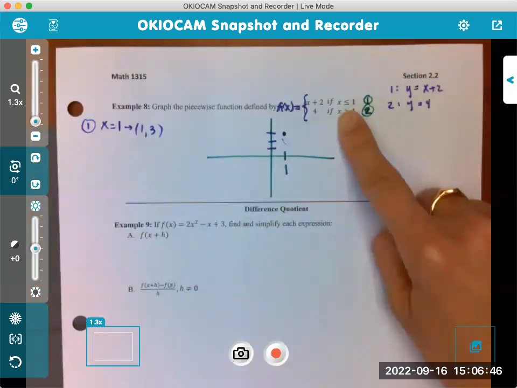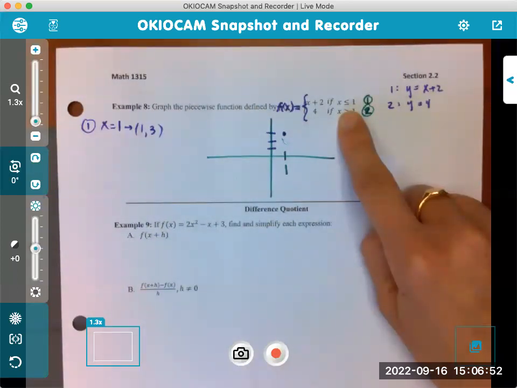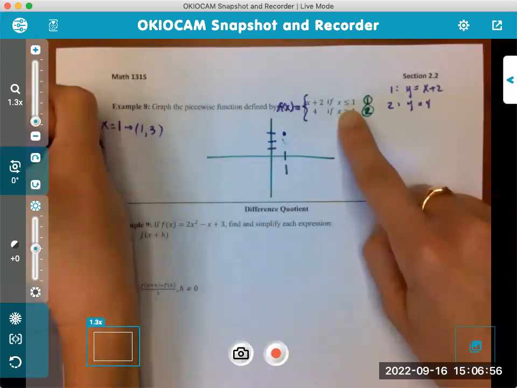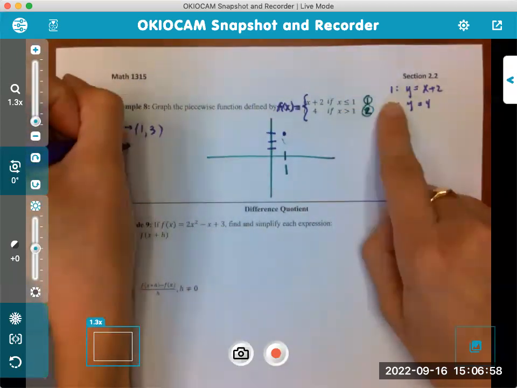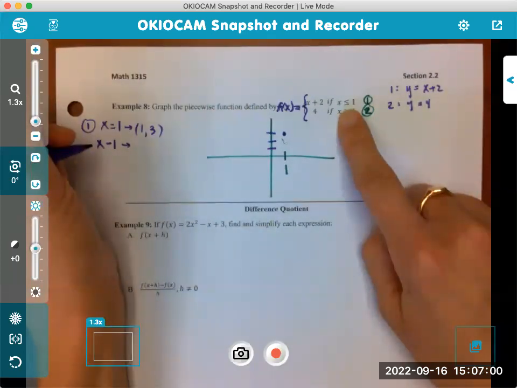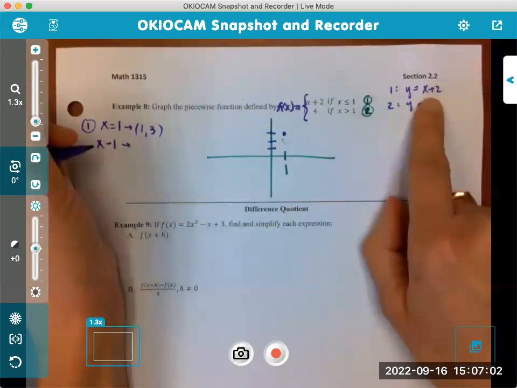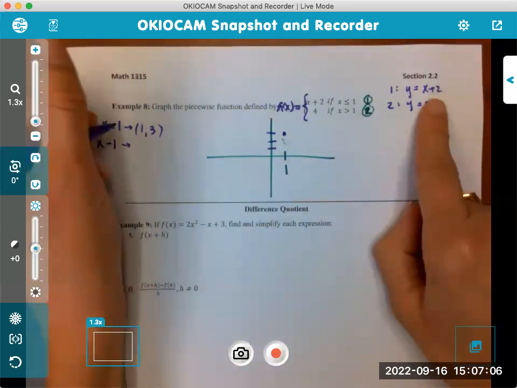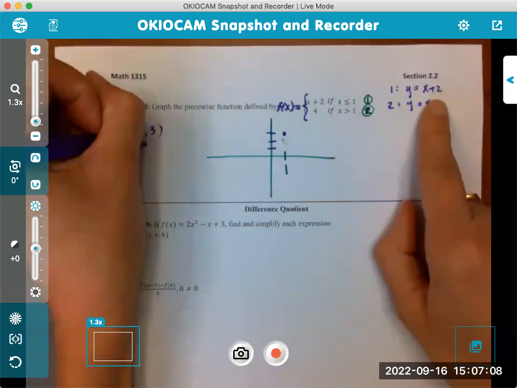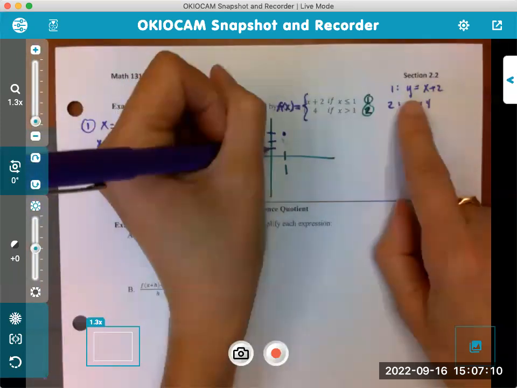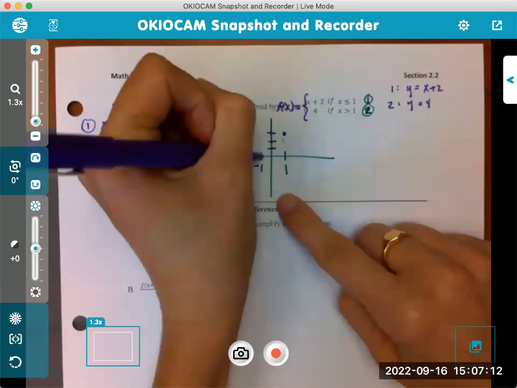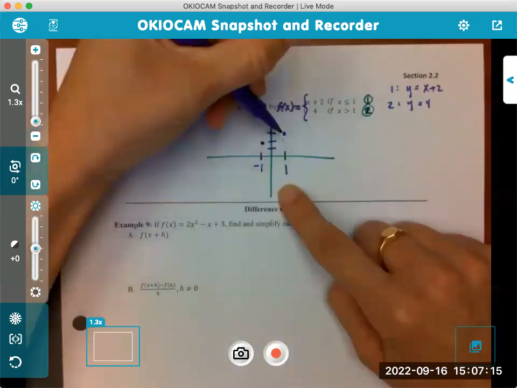And then notice the rule says it's everything to the left of 1. So I'm just going to pull an arbitrary number, say, oh, I don't know, negative 1. So if x equals negative 1, we still are in rule 1 land. So negative 1 plus 2 is 1. So I have negative 1 comma 1. So here's negative 1, here's 2.